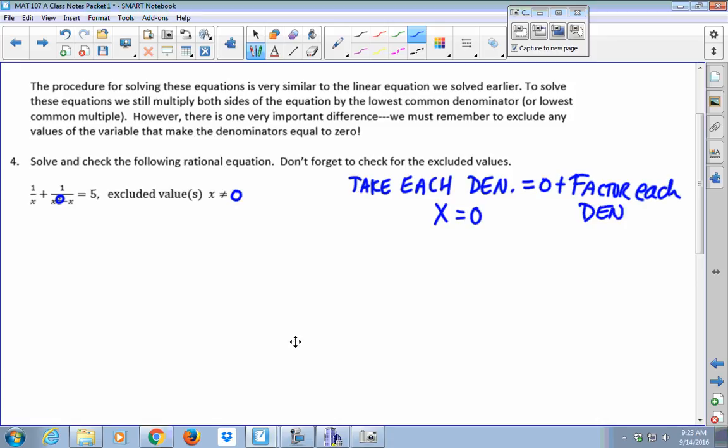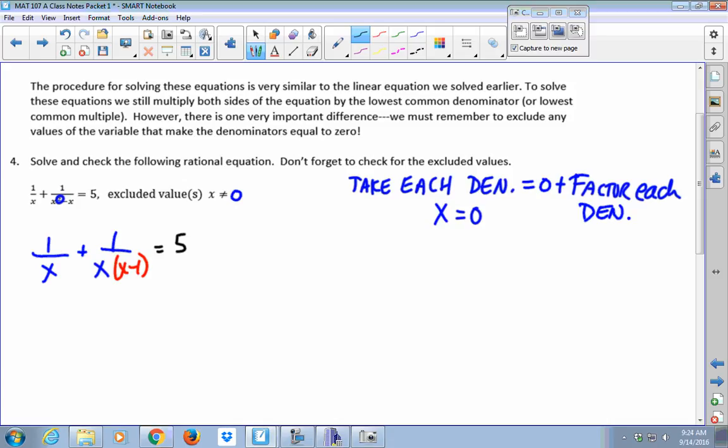We didn't have to factor the first denominator because x is prime. But the second denominator we can rewrite like this, x times x minus 1.